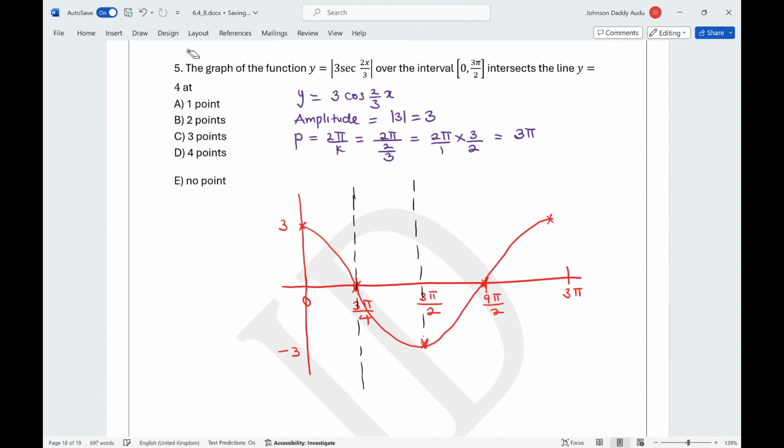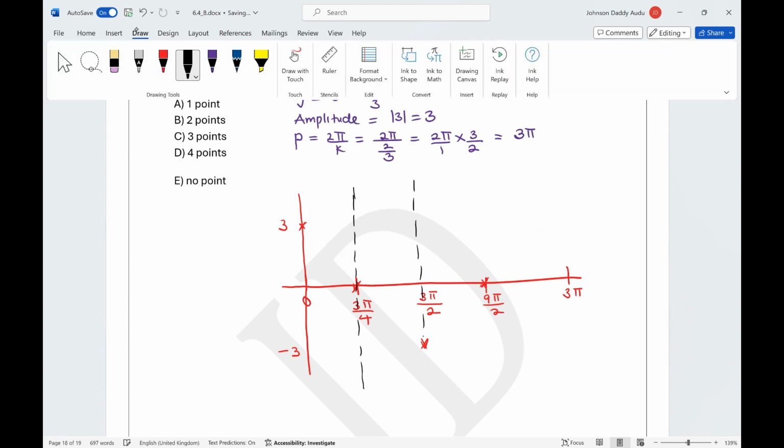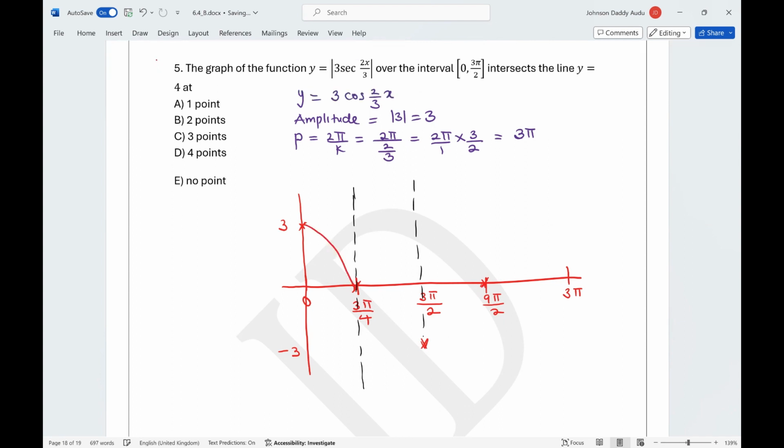So we have to just restrict ourselves to the domain of interest. So what is the domain of interest? This one to this.